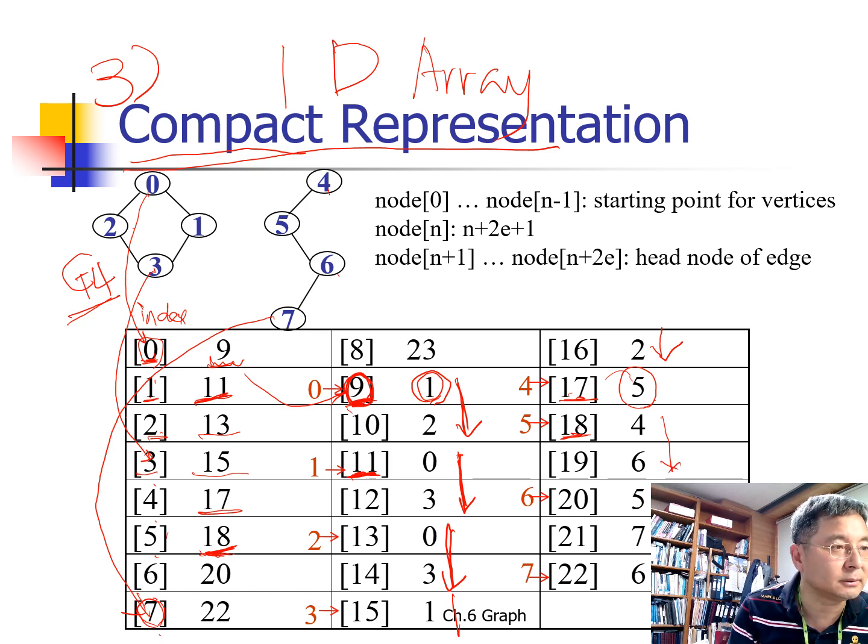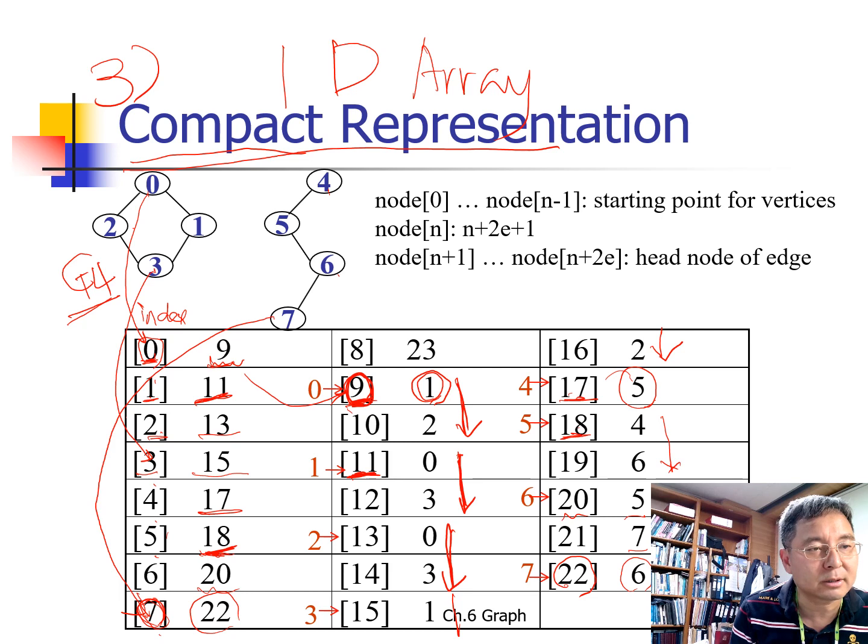And vertex number 6 will store its adjacent vertices at index 20: 5 and 7. And vertex 7, the last vertex, has only one adjacent vertex, 6. So at index 22, we will store number 6.